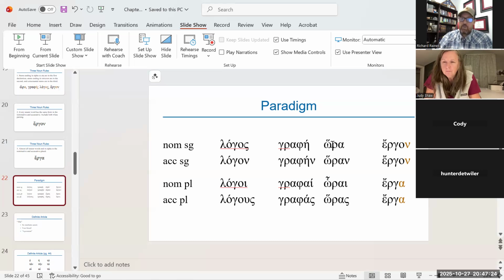And do the same thing with a couple of different feminine words. You can even use these, graphe and hora, and a neuter word, ergon, or you can use pneuma, which is spirit, because that's one you're probably going to see more, right? And just practice doing it so that when you see it, you make a connection with it.